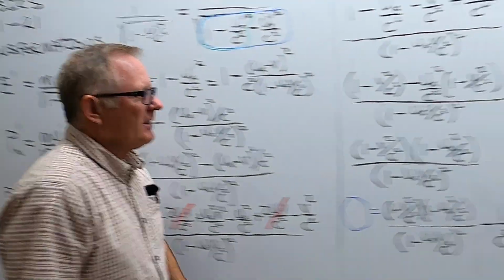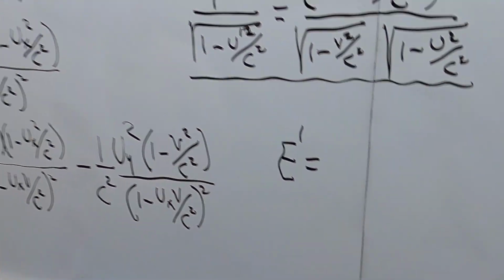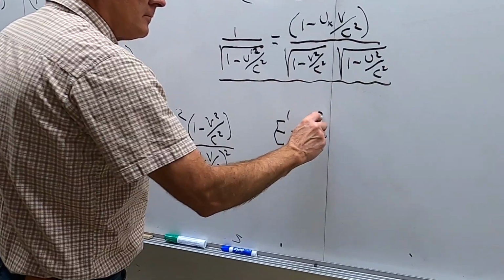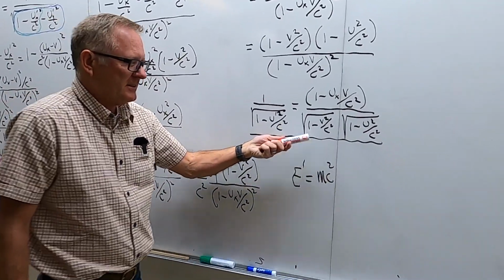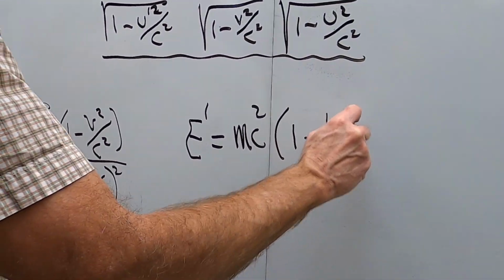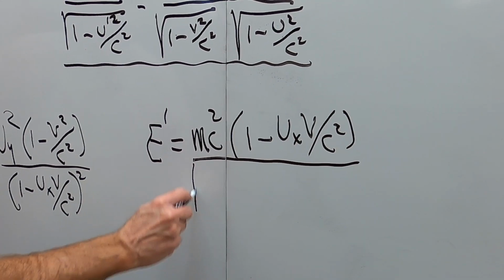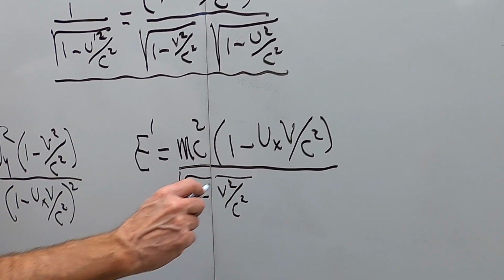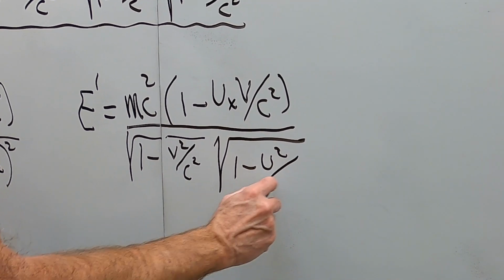So we'll start out with E prime is equal to mc squared times all that 1 over the square root times this, which means all I have is this right here, which is 1 minus uxv all over c squared, divided by the square root of 1 minus v squared over c squared, times the square root of 1 minus u squared over c squared.